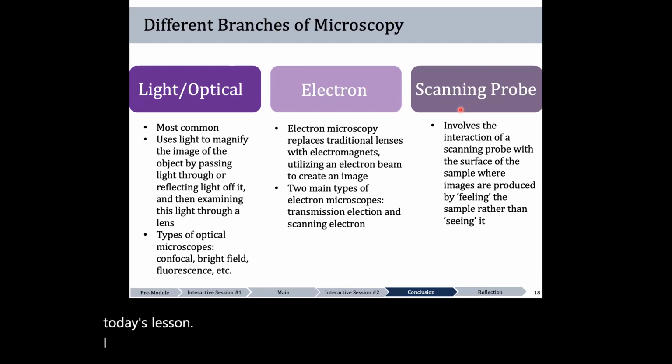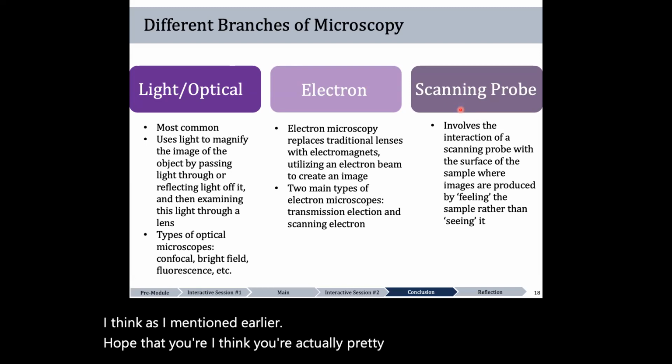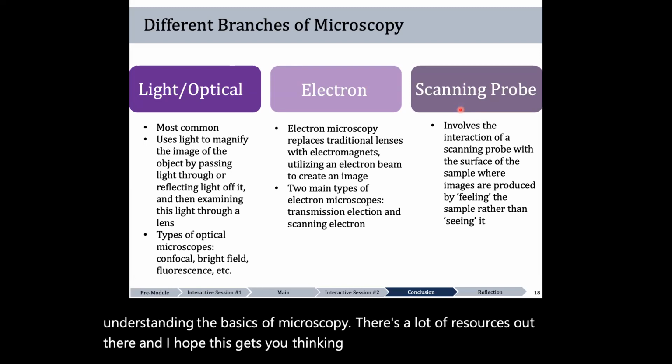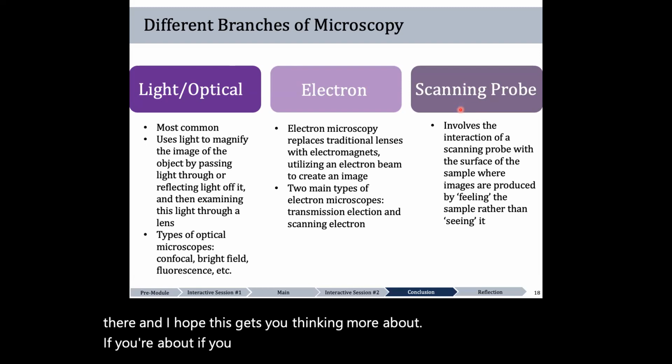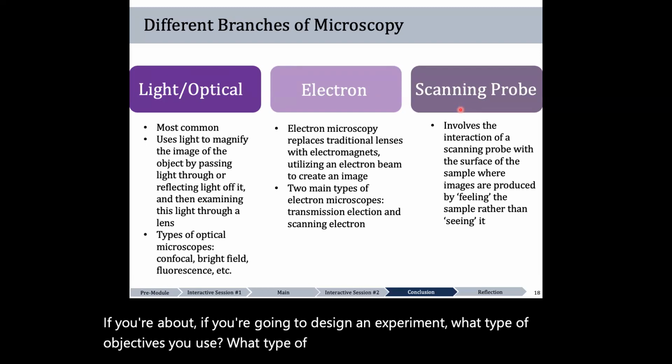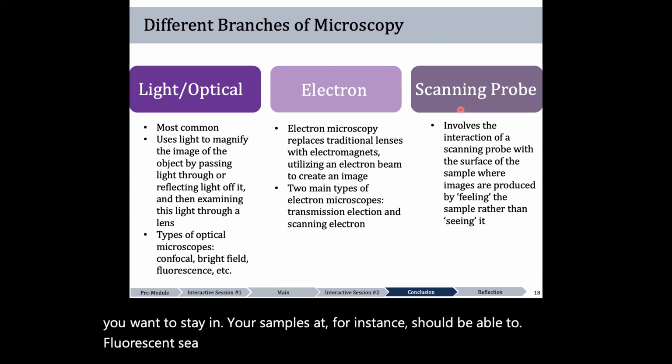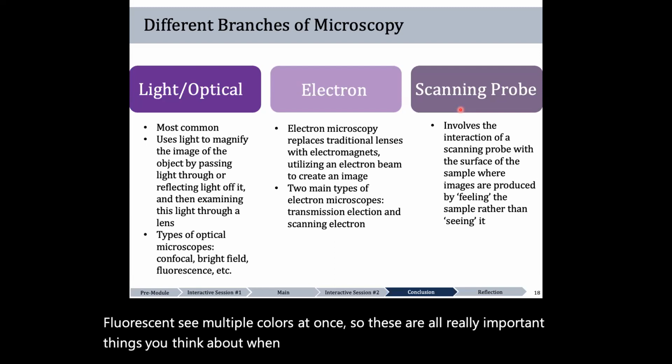As I mentioned earlier, I think you're actually pretty well equipped to understand the basics of microscopy. There are a lot of resources out there, and I hope this gets you thinking about, if you're going to design an experiment, what type of objectives you use, what type of microscope you'll need, and what colors you'd want to stain your samples with to fluoresce and see multiple colors at once. These are all really important things to think about when you're working on a research project.